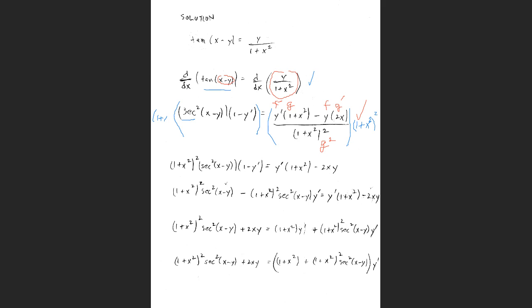We have to do that in order to solve for y prime. And when we do that, of course, we get simplification here. Now you don't have a fraction anymore in your equation. You just have an equation without fractions.